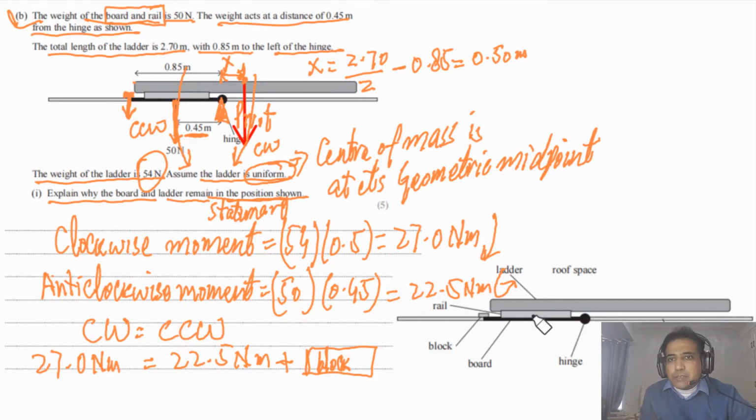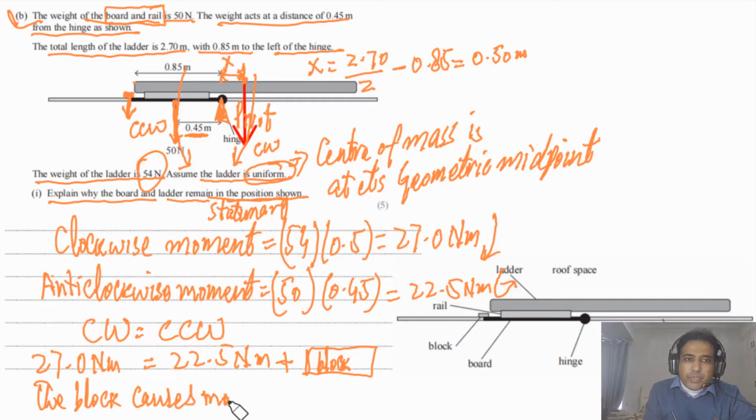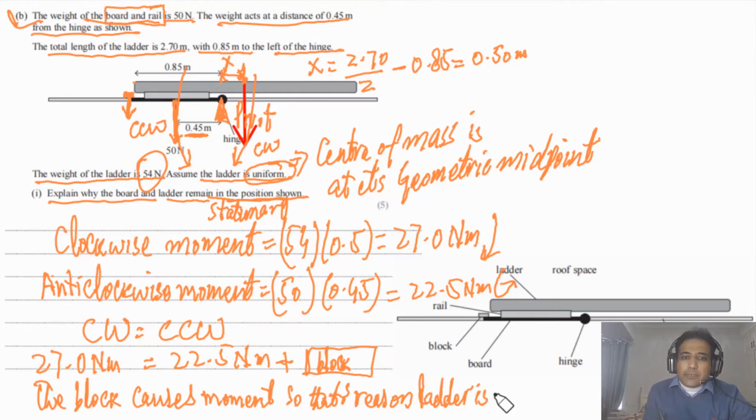So in this case, we will simply say the block exerted force causes moment. That's the reason the ladder is in equilibrium, or we can say it remains in its position.